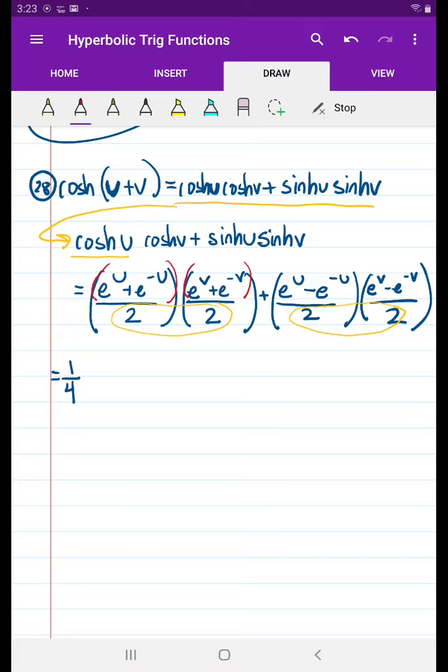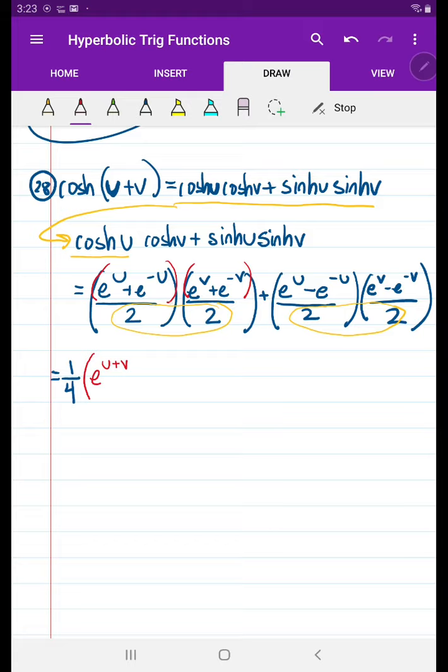So my first FOILing, I'll do that in red, and so then you can see what that looks like. If I do my firsts, e to the u times e to the v just turns into e to the u plus v, because if you multiply two things with the same base, you can add your exponents.